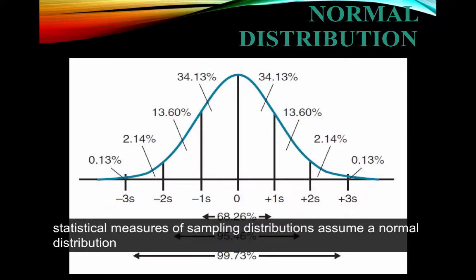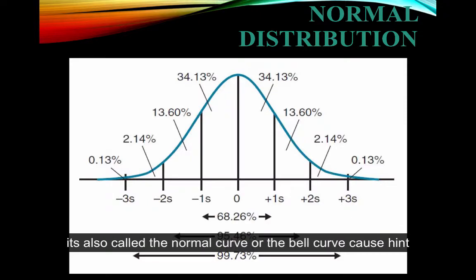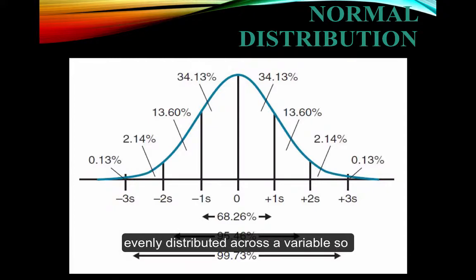All of these fun statistical measures of sampling distributions assume a normal distribution. It's also called the normal curve or the bell curve because, hint, it looks like a bell, supposedly to people. It assumes that if the variables are not related, then scores are going to be evenly distributed across the variable.